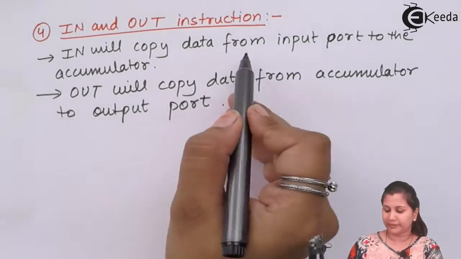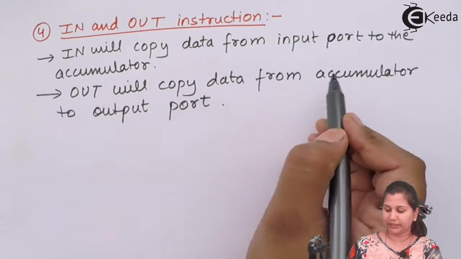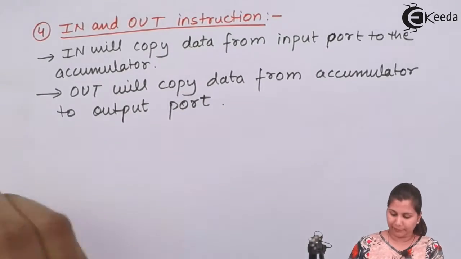The IN instruction is used to copy the data from the input port to the accumulator, and the OUT instruction is going to copy the data from the accumulator to the output port. Let us see some examples of this.